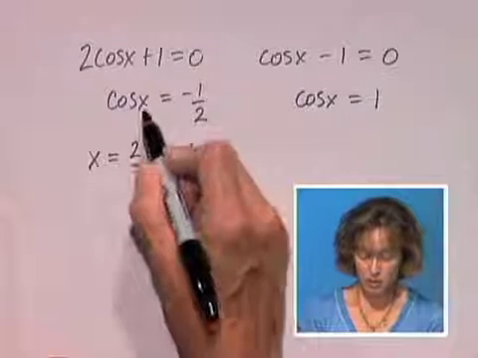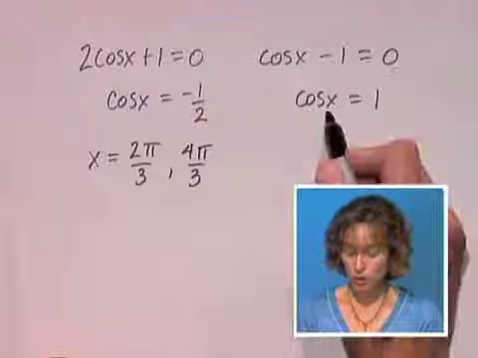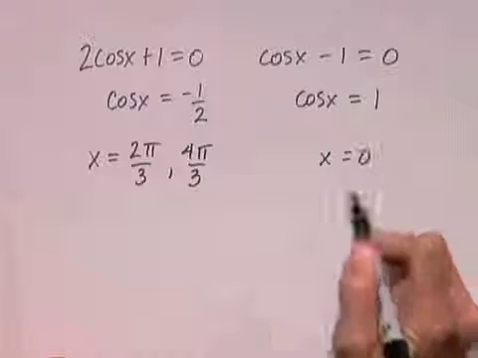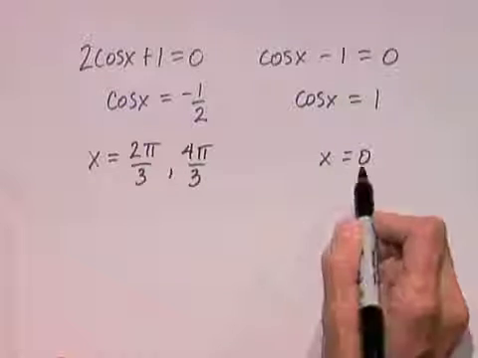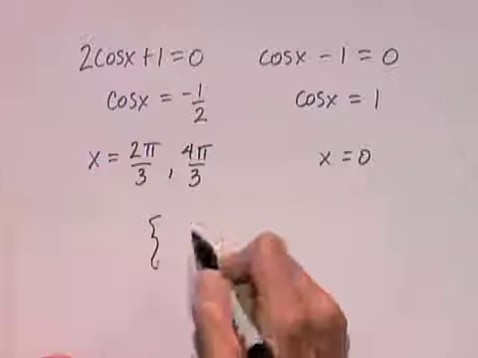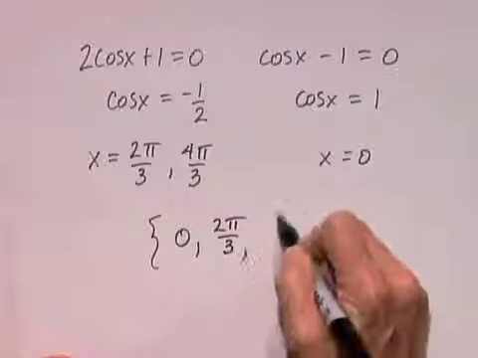These two x's satisfy this part of the solution. Cosine x is equal to 1 if x is 0, and that is in the interval from 0 to 2 pi, because the interval does include 0. So the solution set for this particular equation is 0, 2 pi over 3, 4 pi over 3.